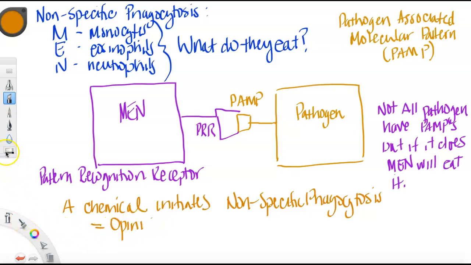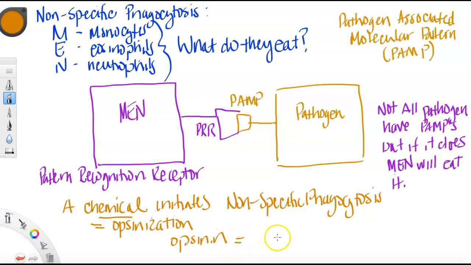Ooh, I spelled that wrong, of course. Sorry, I'm going too fast. Okay, it's called opsonization. And the chemical is an opsonin.